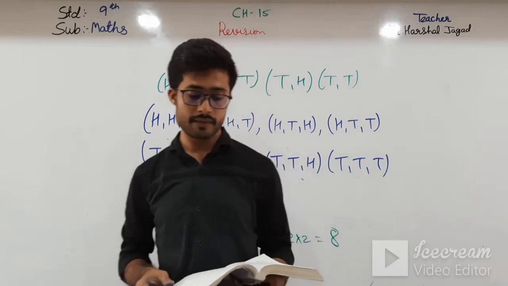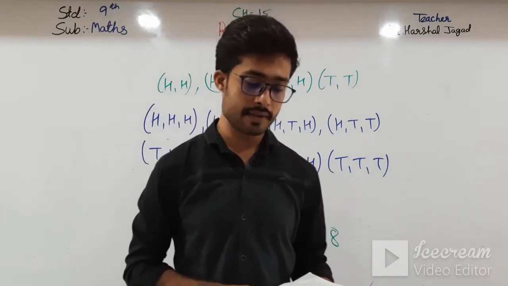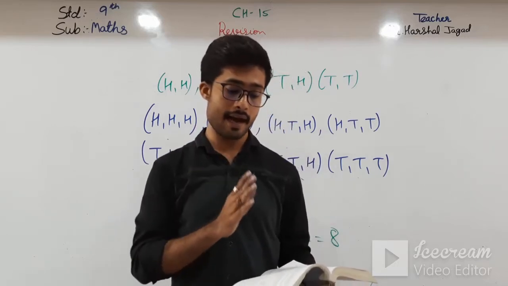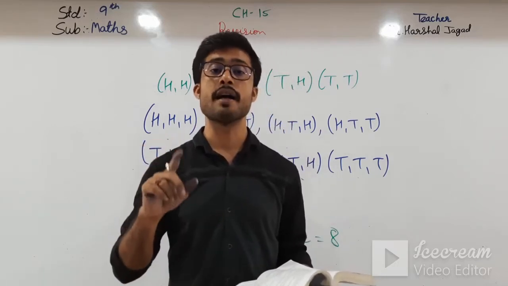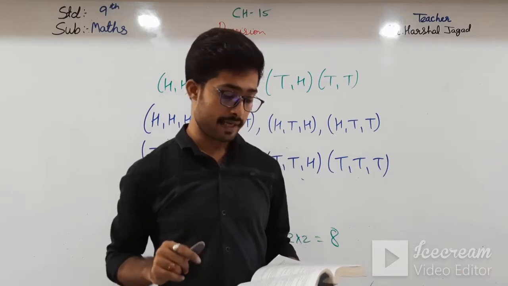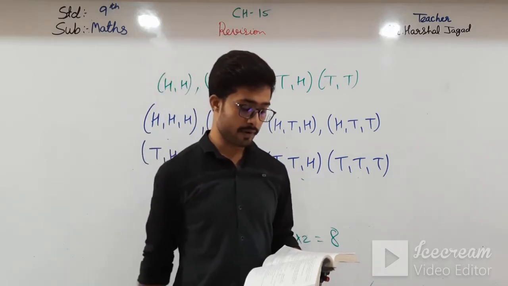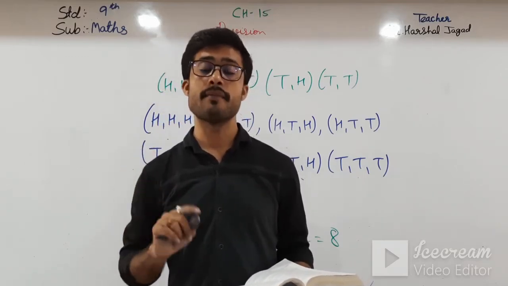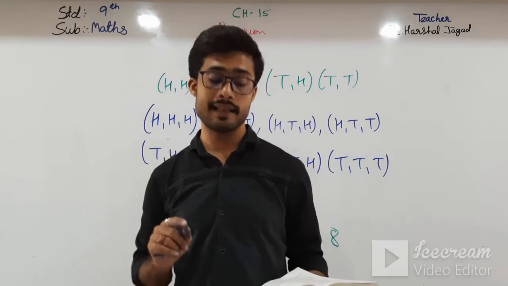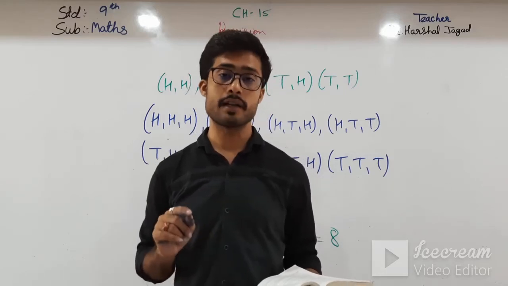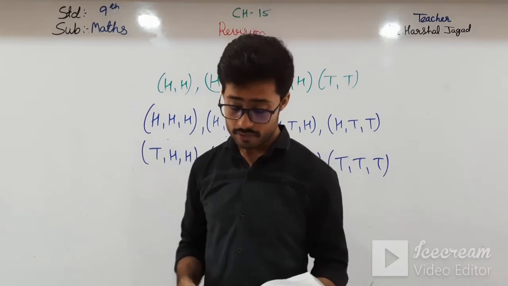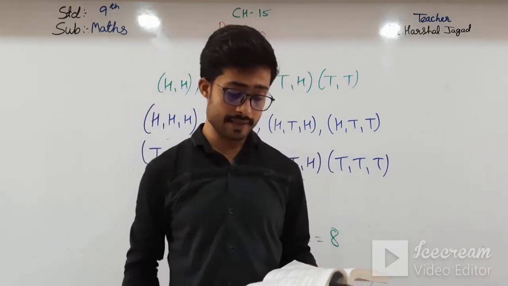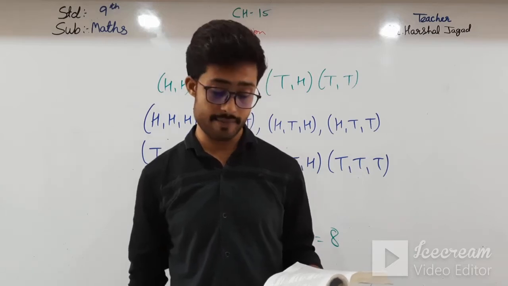So here example number 1 was: a coin is tossed 1000 times, meaning 1 coin is tossed 1000 times. Then heads are 455 and tails are 545. So you have to compute the probability of each event. The probability of getting head is 455 by 1000, and the probability of getting tail is 545 upon 1000. Then, 2 coins are tossed simultaneously 500 times.